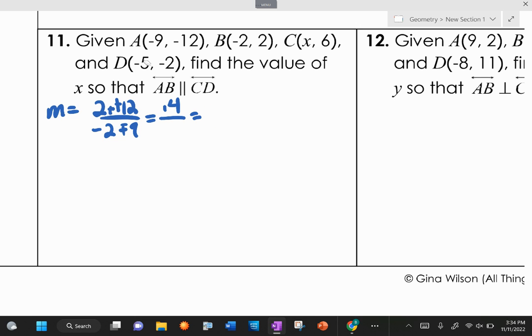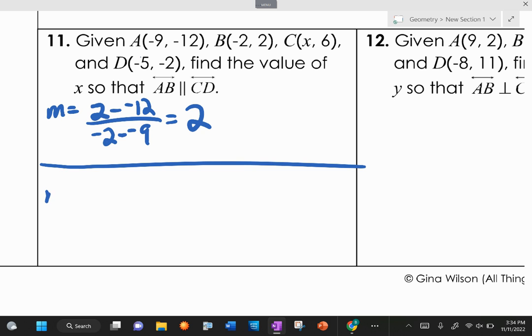So your slope for line AB, I'm just rewriting that because it was a little messy. There we go. Okay. So your slope should end up being 2 for AB, which means your slope should be 2 for CD.